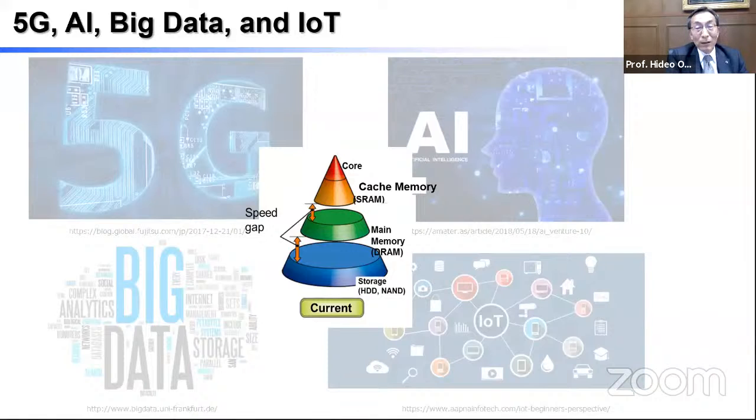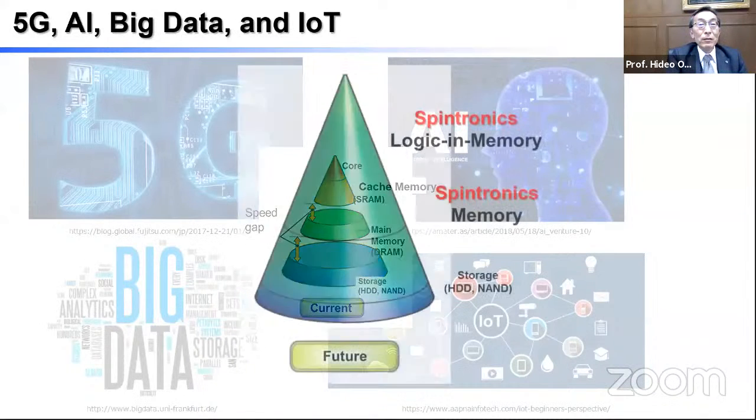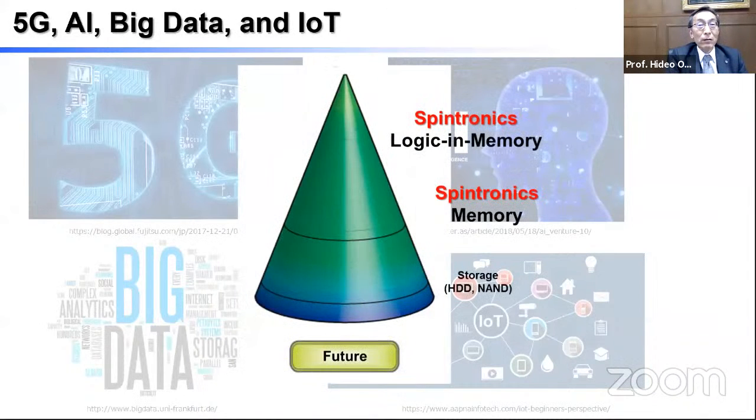But I tried to explain, and hopefully convince you, that with spintronics technology working with CMOS, we can make things much, much greener, orders of magnitude greener. And also, we can make computing schemes that are not readily available to you through CMOS technology.